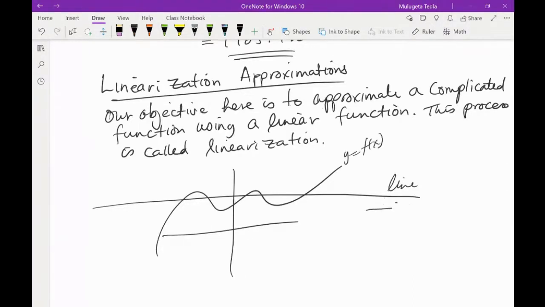So we call the linear function L of x. To the best of our knowledge, in a close-by neighborhood, the line and the graph are the same, right? So this process of changing a complicated function into a linear function is linearization.